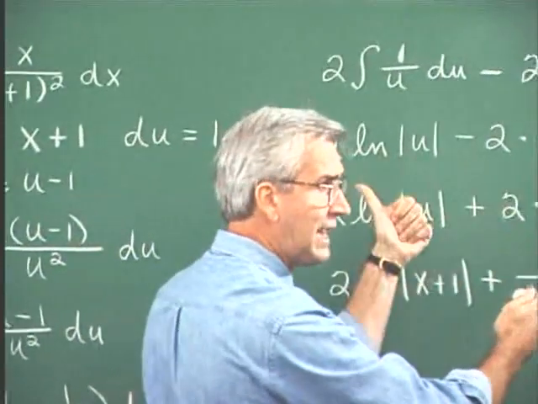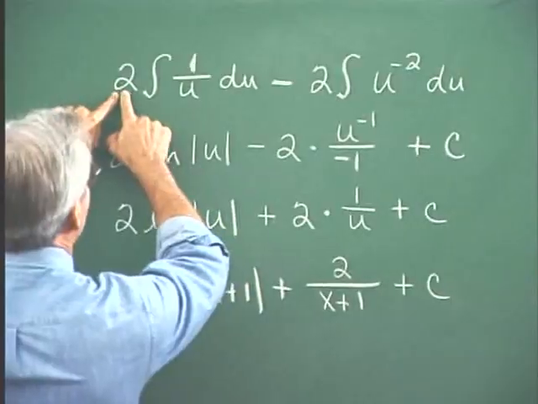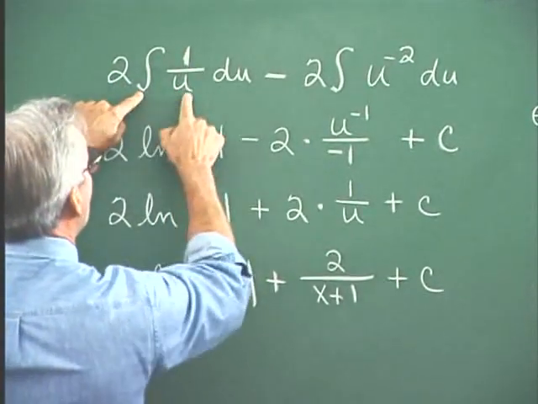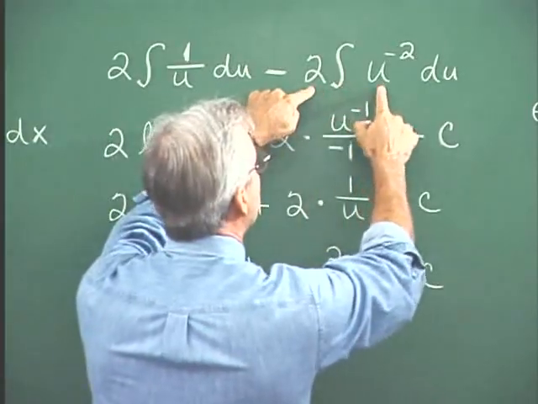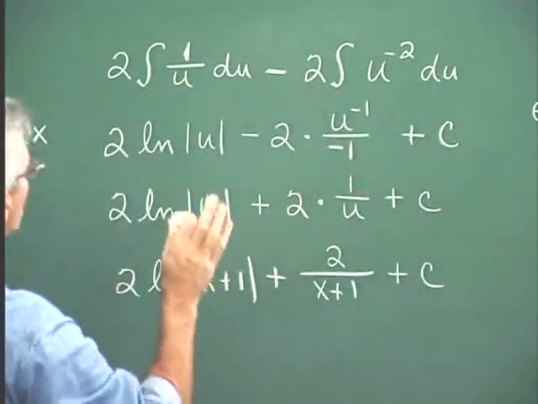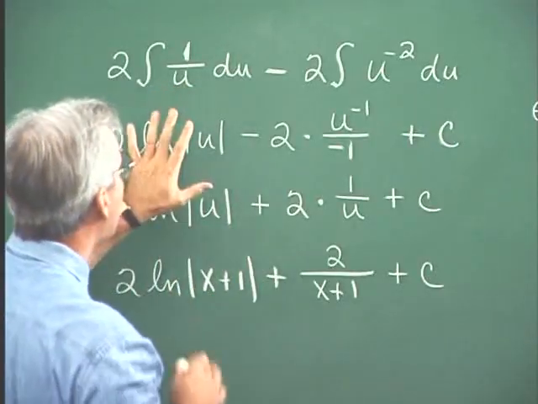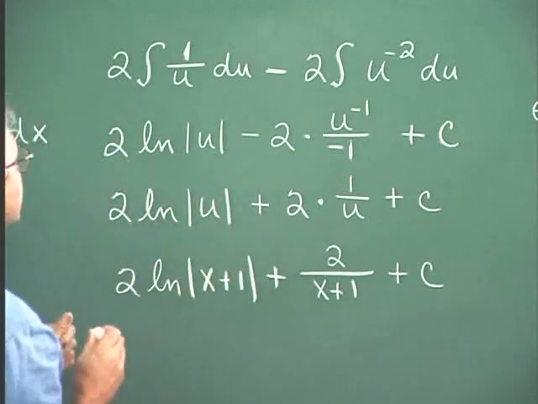Remember that 2 was outside of the integration symbol, so we have 2 times the integral of 1 over u du, and then minus 2 times the integral of u to the negative 2 power. And we look around to see, oh, well, here we are using that natural log idea.